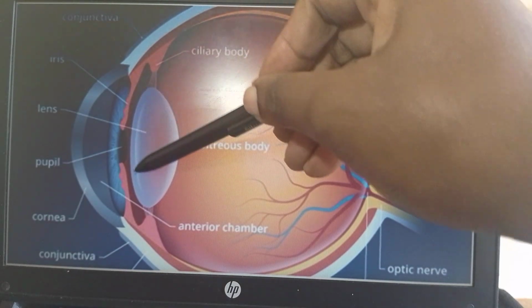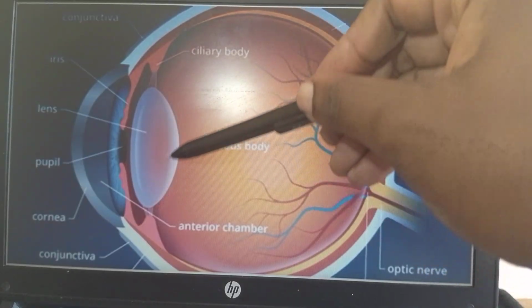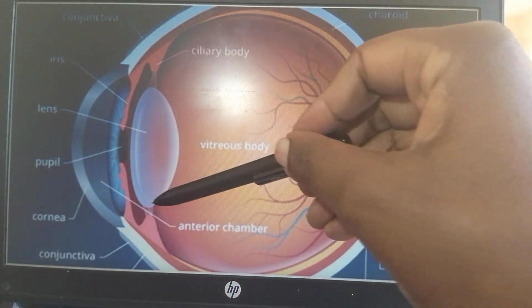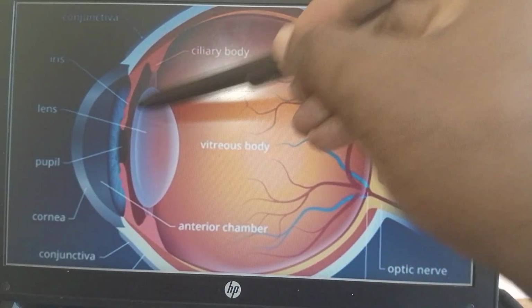From there we come to the lens. The structure you see in whitish color here is the lens.